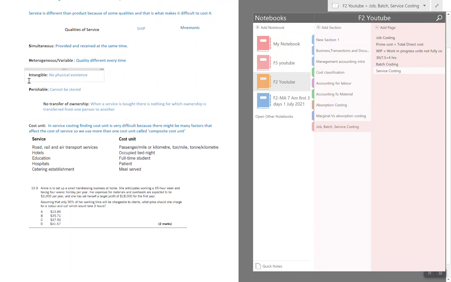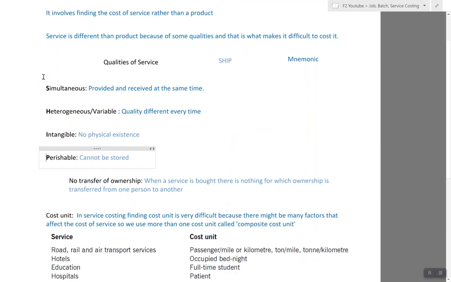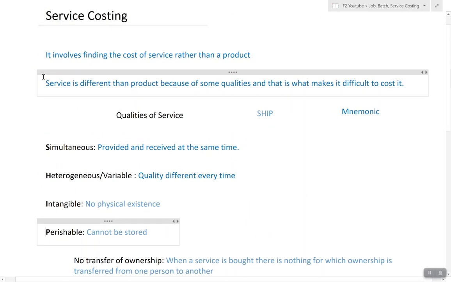Okay, next, service costing. Service costing is very difficult to do compared to product costing. Remember, there is difference between product and service, and there is difference between costing as well. There are a few qualities of a service that make it difficult to use the target costing that we had.